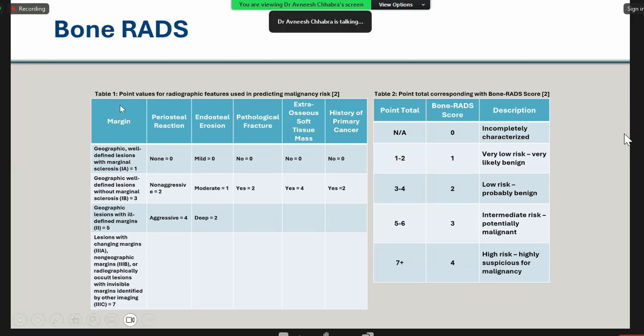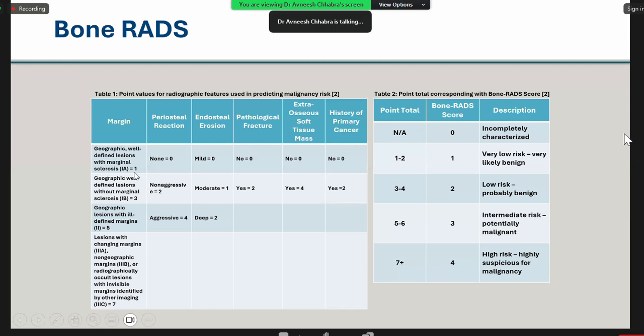There are some points in this Bone-RADS system which are based on what you see on the X-ray. These are your Madewell classification. John Madewell is at MD Anderson. He's still around. He's a chief there for MSK radiology in our great state of Texas. He came up with these margins which you learn during your residency, that you have a geographic well-defined lesion with marginal sclerosis, and you call that benign.